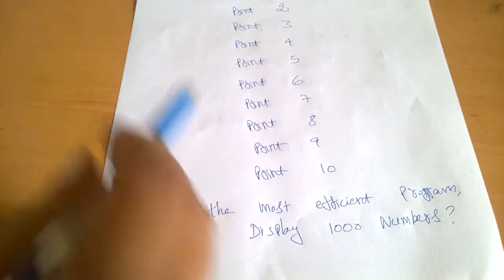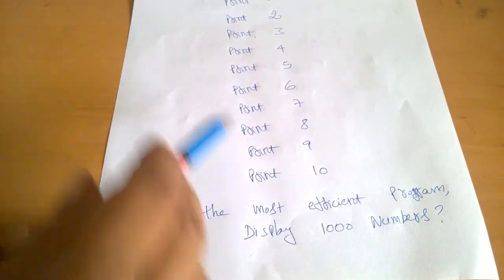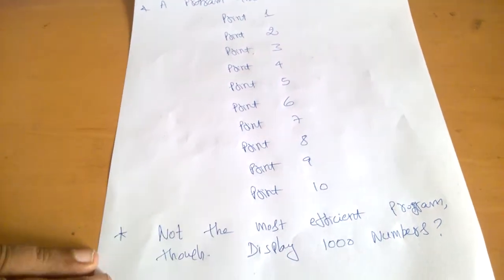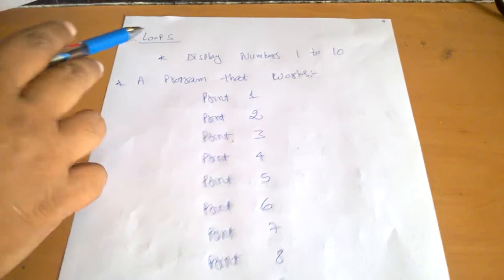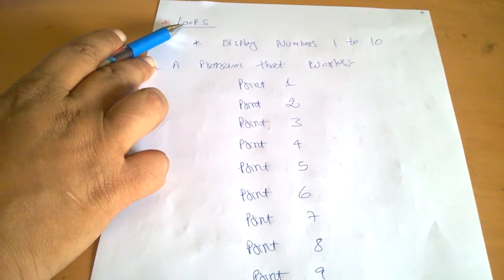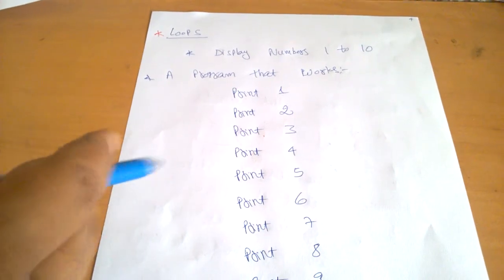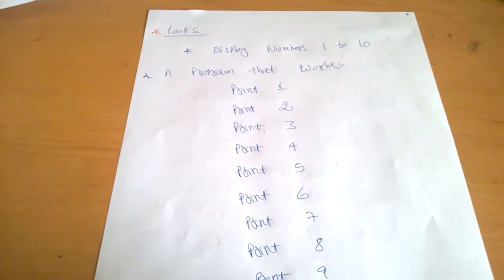Why? If you were to print 1000 numbers, would you write print 1, print 2, up to 1000? No, it doesn't work that way. So you need a better way to do that. That's what is achieved using loops. You just write one print statement and loop it 100 times or 1000 times. That is the essential idea behind it.